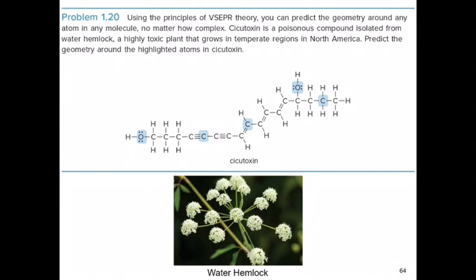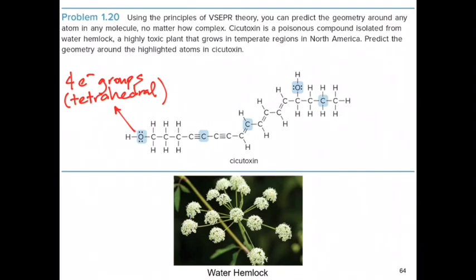All right, so let's take a look at this oxygen right here, the first one. You can see that it has 2 lone pairs and 2 single bonds. So that's a total of 4 electron groups. All right, so this oxygen right here has 4 electron groups. And because it has 4 electron groups, it will have tetrahedral geometry.